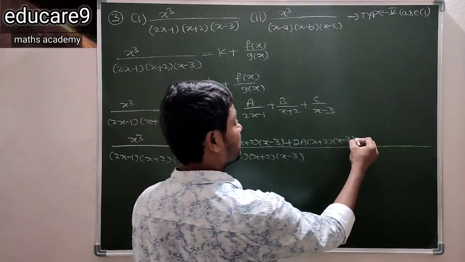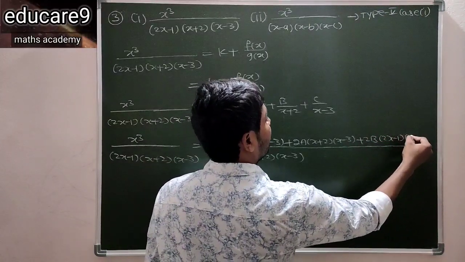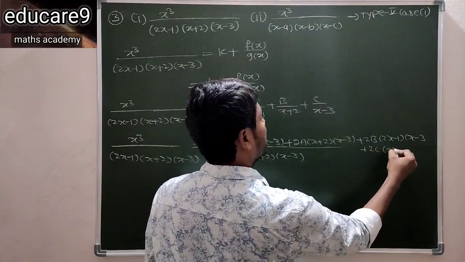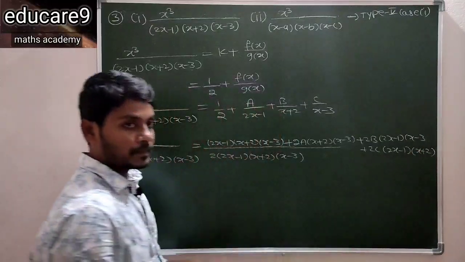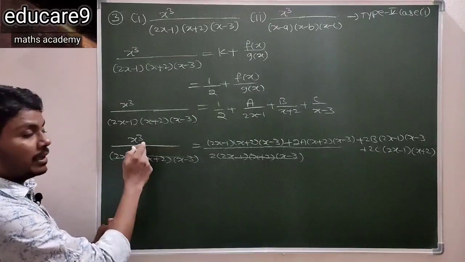Next 2b into (2x minus 1)(x minus 3). Next 2c into (2x minus 1)(x plus 2). So these terms get cancelled. Now 2 into x cube.